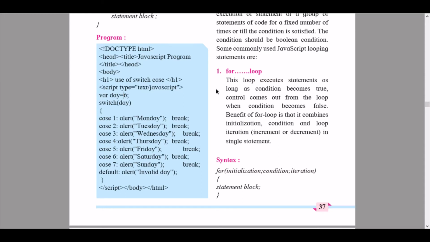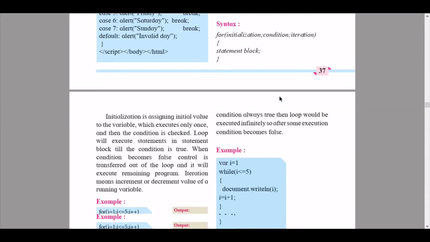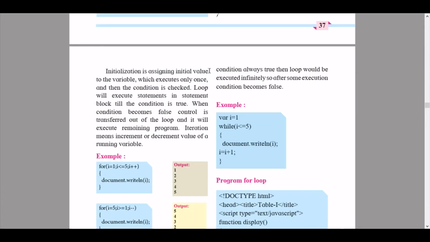You'll get to know the meaning of these concepts only when you perform the solved examples on your PCs or laptops. Then we have been given the syntax that we have to use for our looping statement. Then we continue to a further explanation of the for loop.